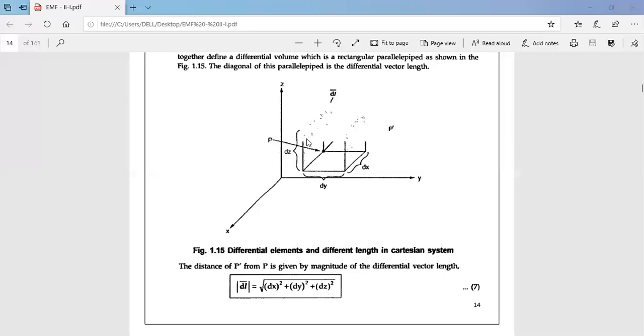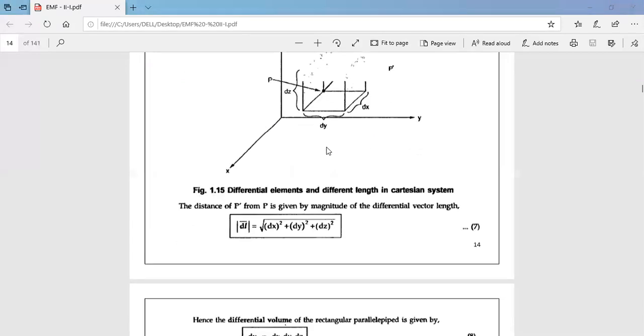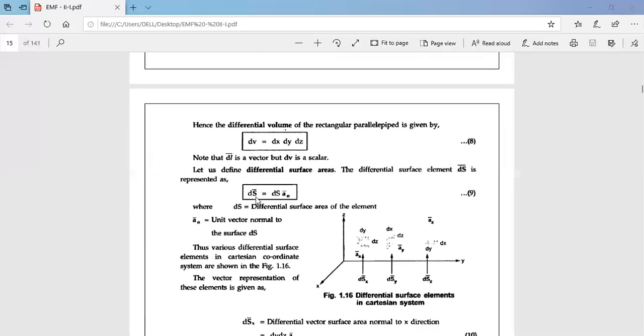But how do you know that it's the front or the back? You define the surface by a vector normal, or at right angle, to the surface. So differential surface would be ds times the unit vector which is normal to the surface.